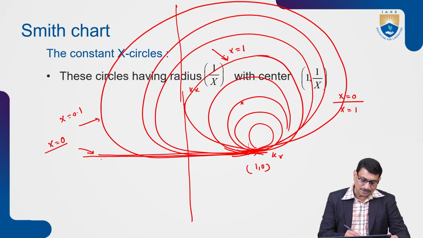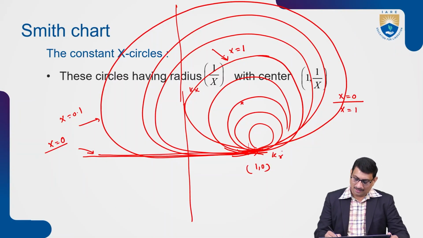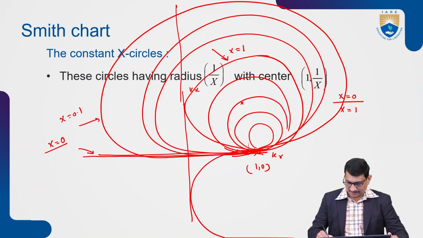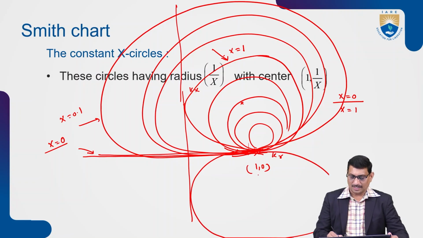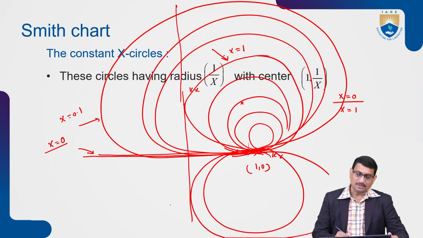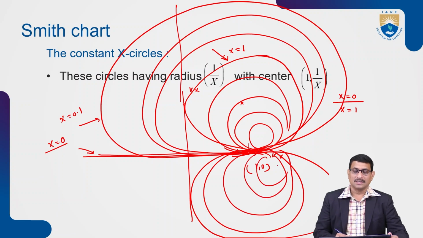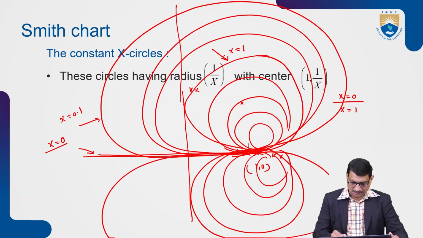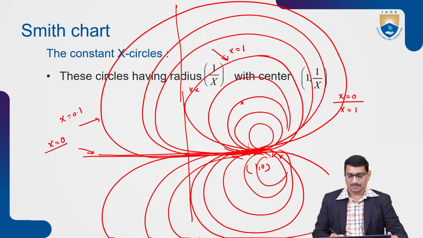Similarly, if I go for x equal to minus 1, I will get a circle like this. x equal to minus 2, minus 10, like this. x equal to minus 0.1, minus 0.2, minus 0.5.